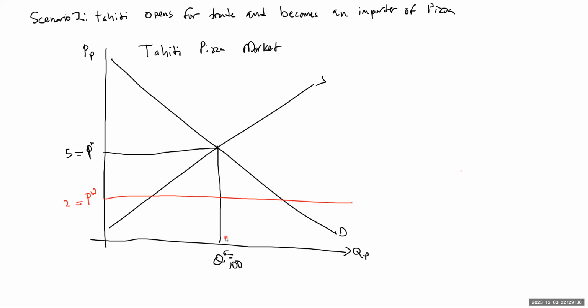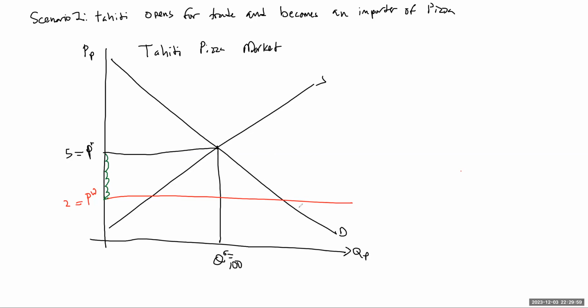So eventually, what will happen is the Tahiti producers have to reduce their prices to compete. And the domestic producers in Tahiti are going to lower their price as well and follow the world price.